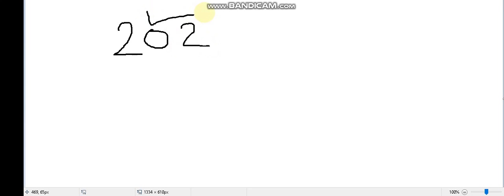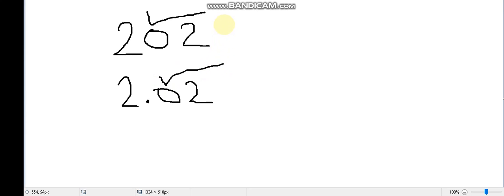Rule number one: any zero appearing between non-zero digits is significant. For example, 2.02. The zero is significant.